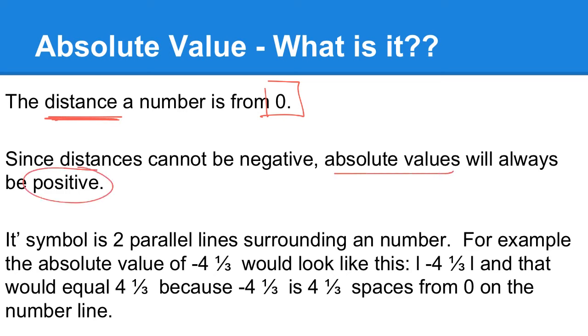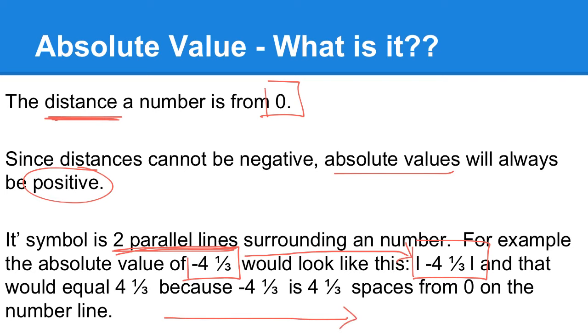And when you look for it, its symbol is two parallel lines surrounding the number. So if you look, here's our integer, -4 1/3. If I wanted it to be an absolute value, I would simply put those brackets around it. So here I have the absolute value of -4 1/3.